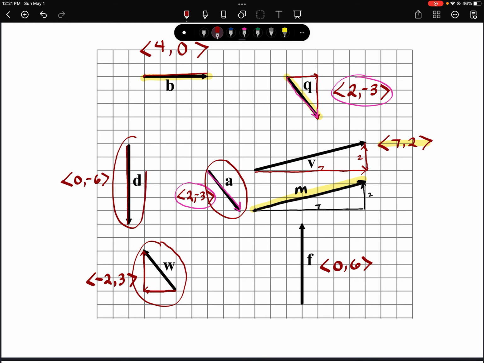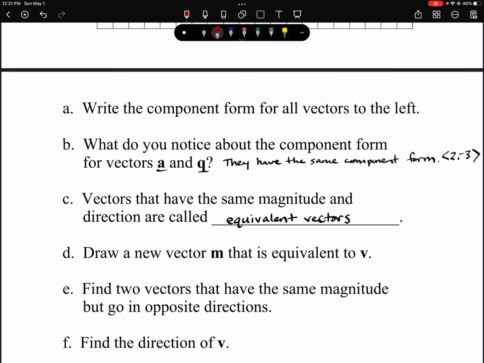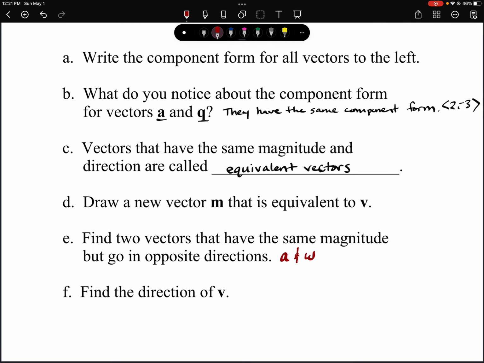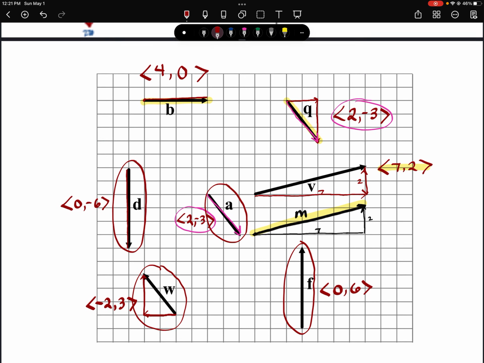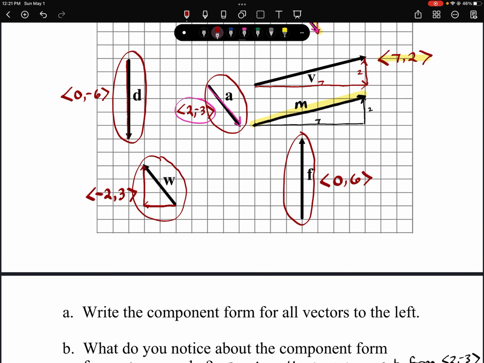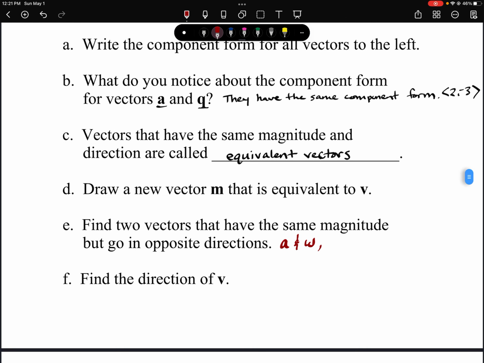And then we could also look at D and F. They have the same magnitudes, but are going in opposite directions as well. So we can throw in there A and W, which could also have been Q and W if you wanted to put that. And then our second pair was D and F.